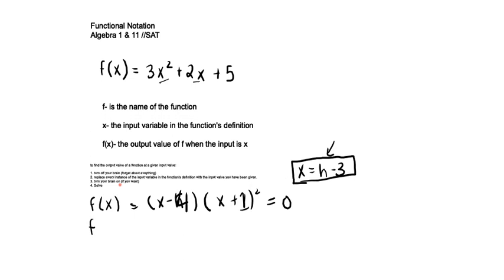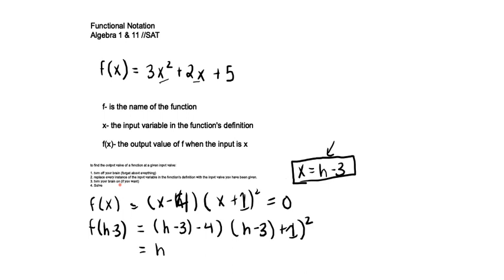f of h minus 3 is equal to (h minus 3 minus 8)(h minus 3 minus 4)(h minus 3 plus 1) squared. Now let's solve. It seems to be h minus 11, h minus 7, h minus 2 squared is equal to 0.